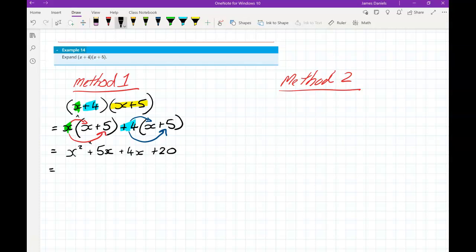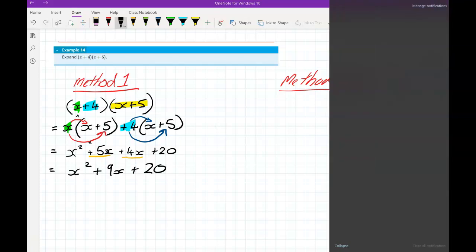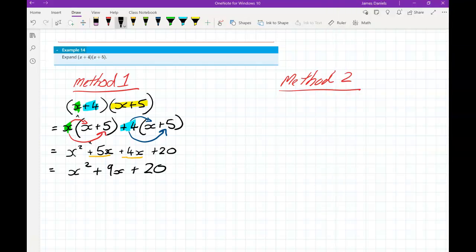And we look for any like terms. In this question we do have some. We have 5x and 4x are like terms, so I can add them together. And I have x squared plus 9x plus 20. And I've got no more like terms. That's my solution for this question after I've expanded the brackets.